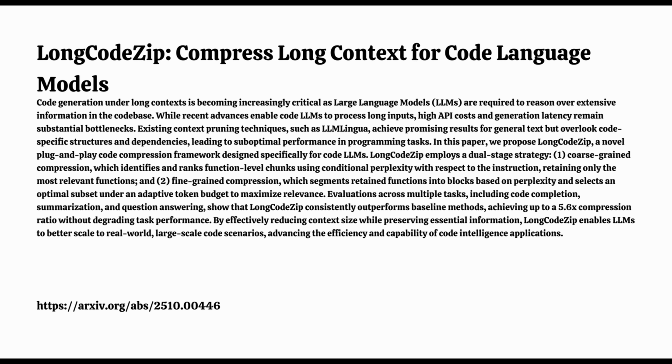So wrapping it up, LongCodeZip's advantage seems to come from its code-aware, hierarchical approach. Moving beyond simple text similarity and using that AMI or perplexity reduction metric allows it to really zero in on functional dependencies, preserving the core logic needed for coding tasks, even after significant compression. And perhaps the final thought for you, our listener, comes from that ablation study finding.